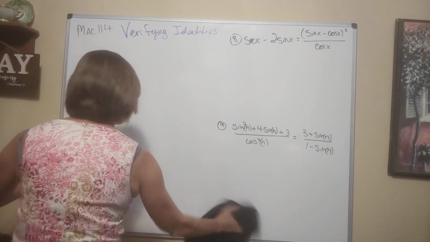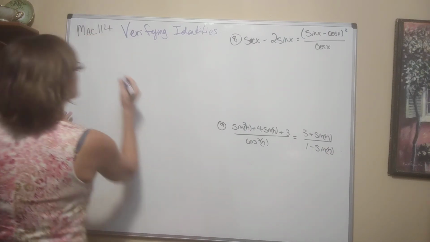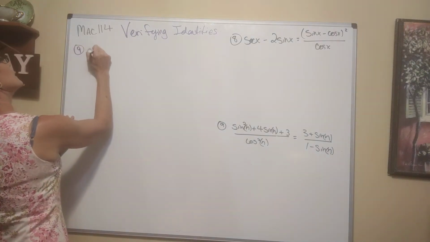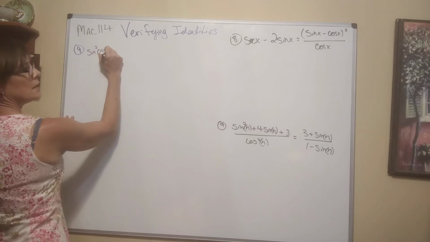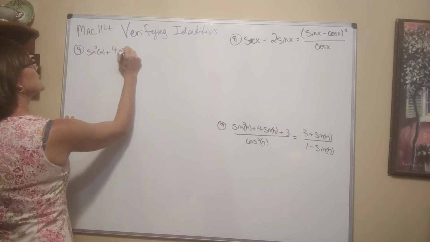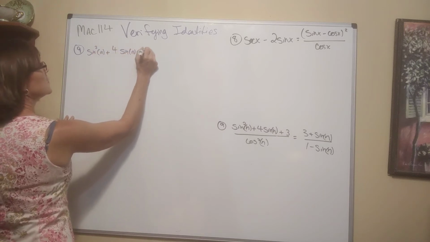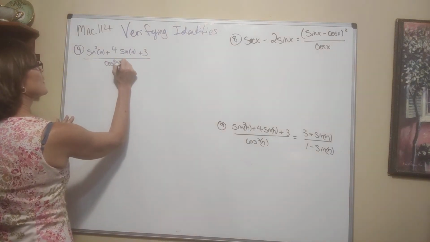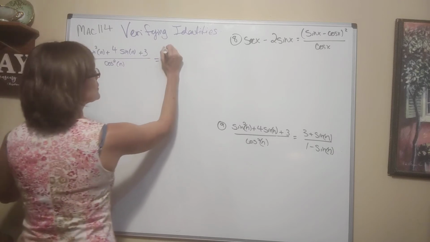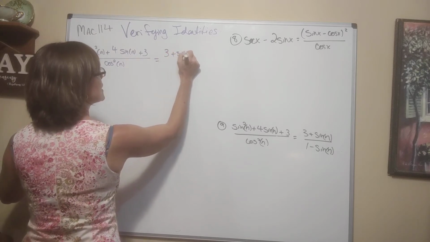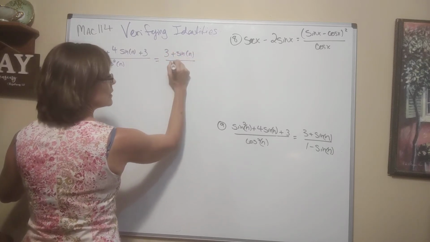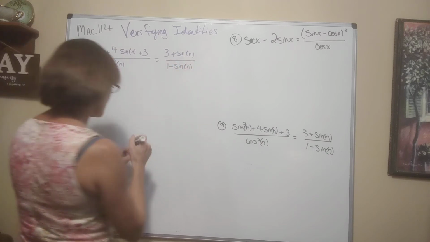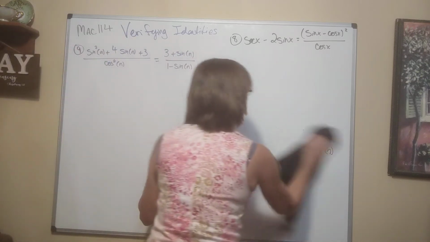Make sure I wrote it down right. 9 is the sine squared of n plus 4 times the sine of n plus 3 all over the cosine squared of n equals 3 plus the sine of n over 1 minus the sine of n. Okay, let's do 8. And then we'll do 9.